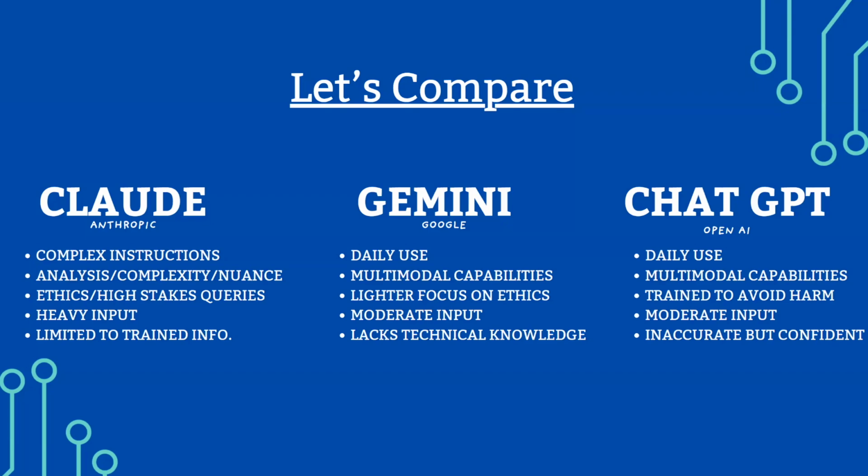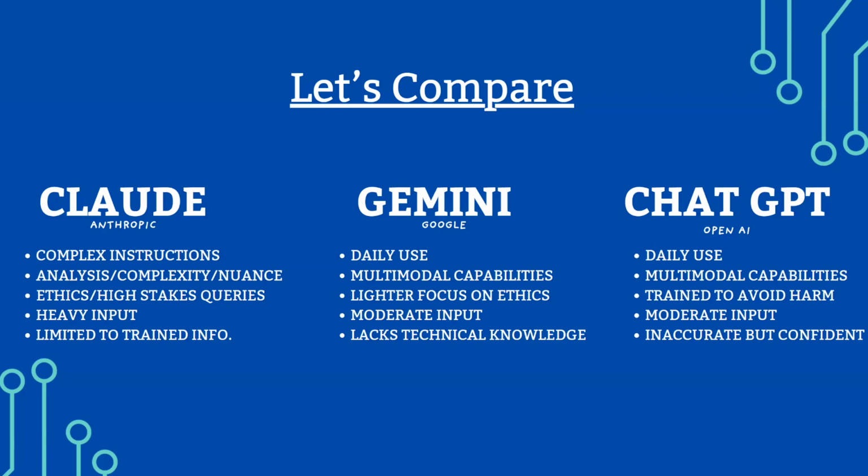Claude, which was created by Anthropic, I find, and lots of other people too, it's in the research, handles really complex instructions very well. And it will accept a lot of input in the form of attachments, and it can make sense of it in a really efficient way.